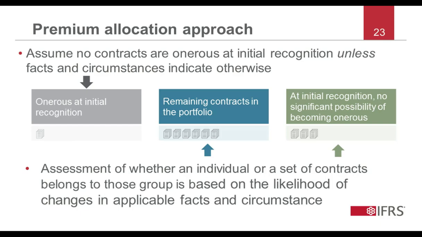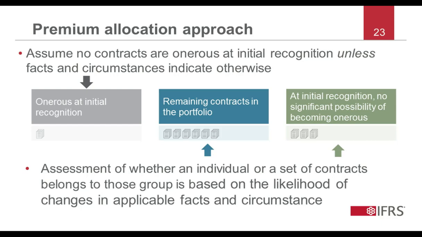There is a simplification for the assessments involved in grouping requirements discussed in the earlier slides, available for insurance contracts applying the premium allocation approach. When assessing which group a set of contracts belongs to, an entity applying the premium allocation approach can assume that no contracts are onerous at initial recognition, unless the facts and circumstances indicate otherwise.